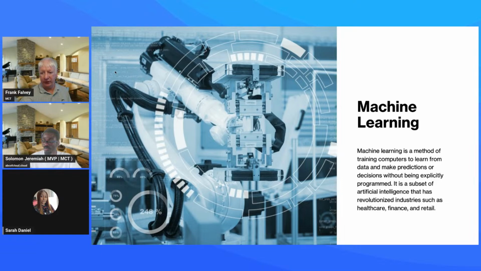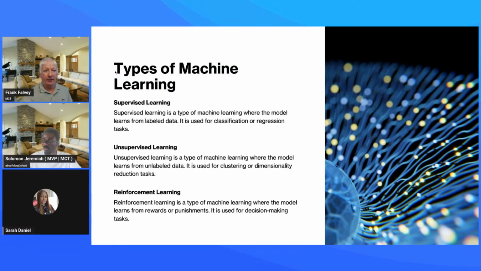So there's our machine learning, types of machine learning. So it's got supervised machine learning, unsupervised. So these are really important in machine learning as well.